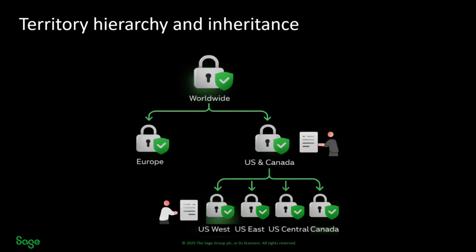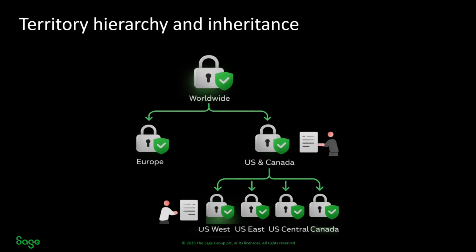And within that, you will have a hierarchy downwards. So you can see here, I've got a hierarchy on the screen, looking at the idea of worldwide, and then underneath that, a Europe territory. At the same level as Europe, we've got US and Canada. And then underneath US and Canada, we've got US West, US East, US Central, and Canada.